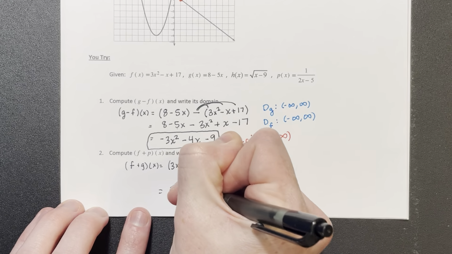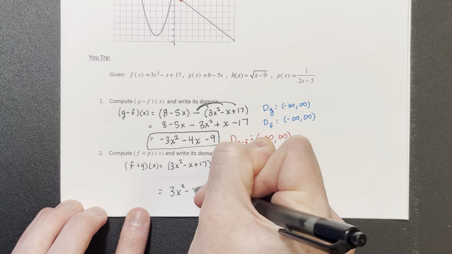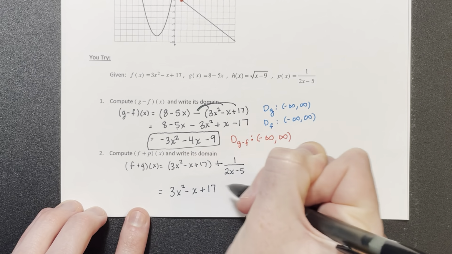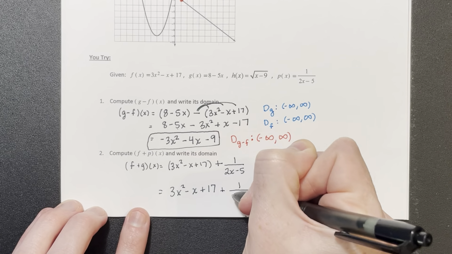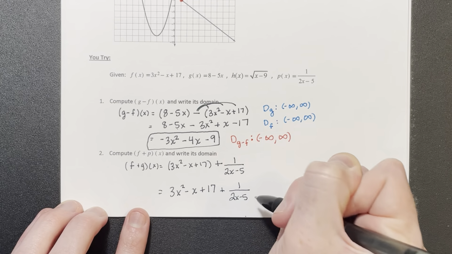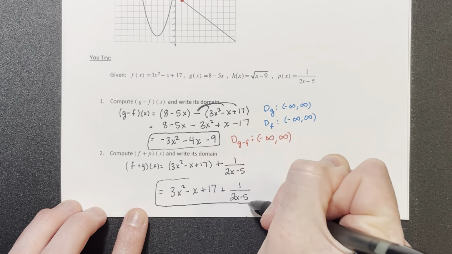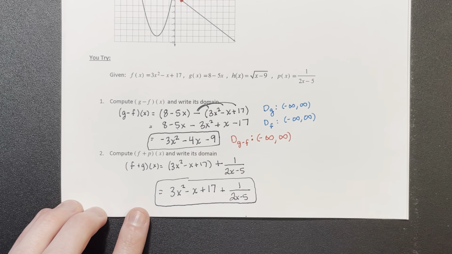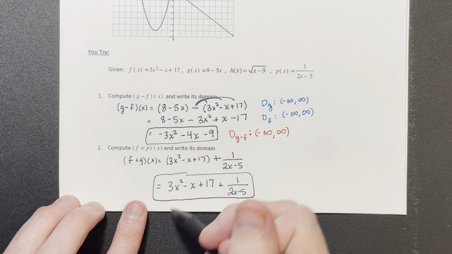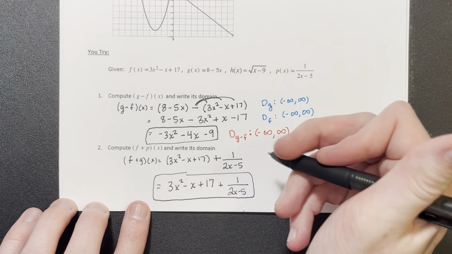So all I can do is just write 3x squared minus x plus 17 plus 1 over 2x minus 5. We don't know how to necessarily combine a rational function yet algebraically, and that's okay, we'll wait for that in Module 4. But this is what we have when we combine those so far.